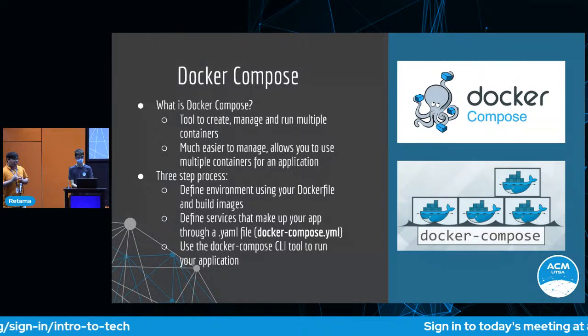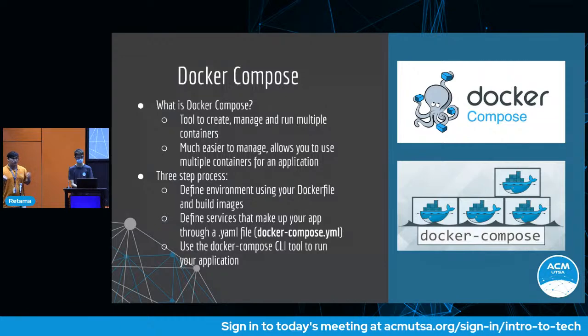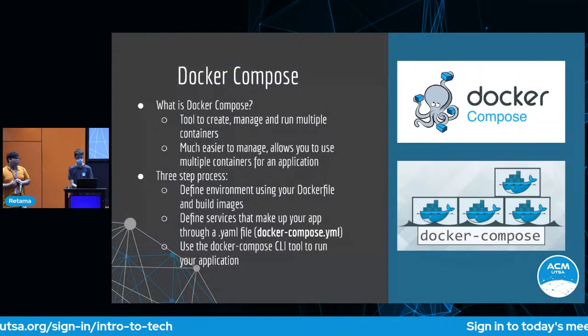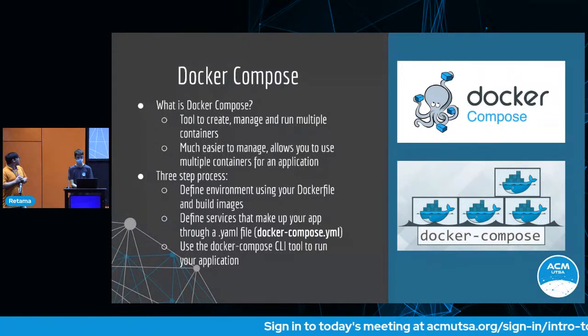So with Docker Compose, you don't have to worry about that because it is built to handle multiple containers with multiple dependencies for your application. Overall, it is a really great tool to know. And the three-step process is listed here.